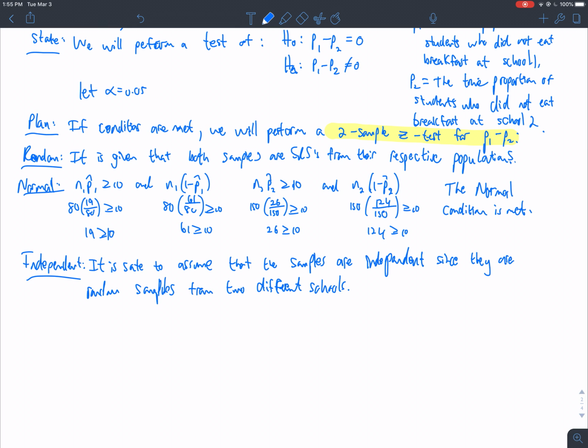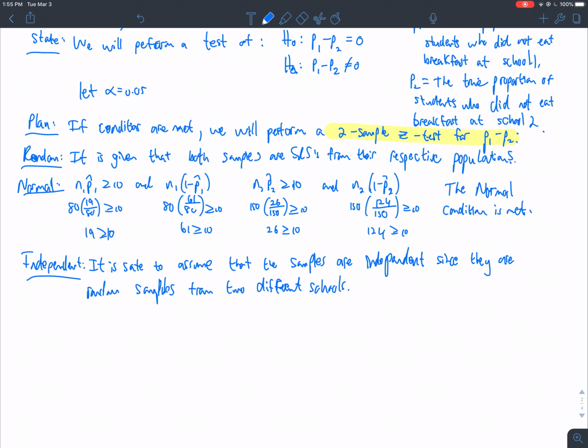There's no way to feel like somehow there's a systematic influence between students in one sample and students in the other sample. That doesn't seem to make sense since they're randomly selected from two different schools.